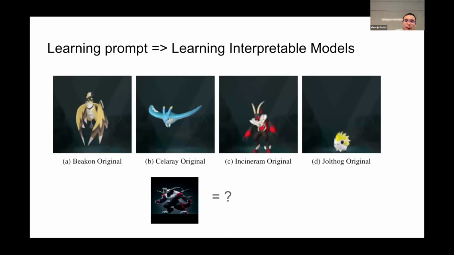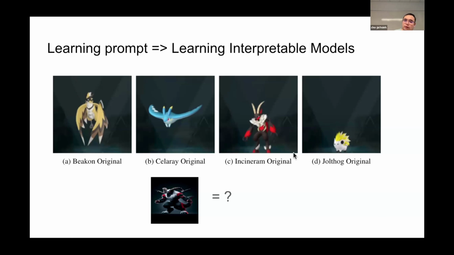Okay, so this is the recent work we're working on, where we try to connect prompt learning with model interpretability. So in this work, we argue that prompt learning is actually a way to learn interpretable models.